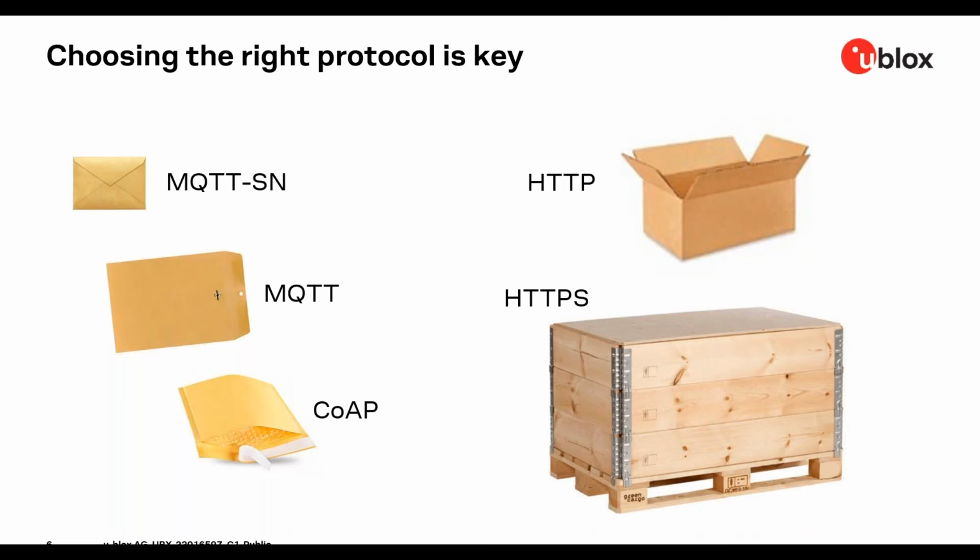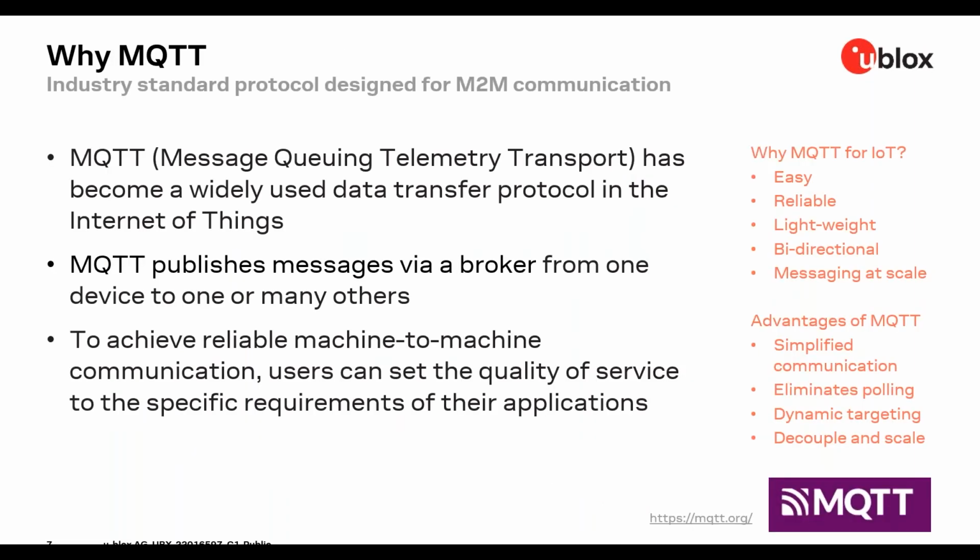So again, in this constrained environment, we want to be making a smart selection for protocol to be as efficient as possible. And so, of course, we're going to lean toward the left side of the envelope packaging, the MQTT and MQTT SN protocols. MQTT has really quickly become popular for IoT.